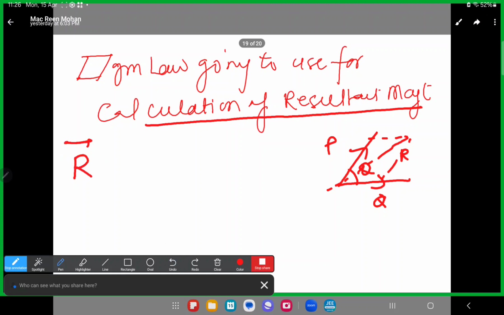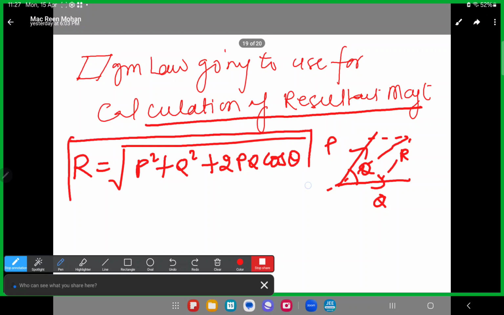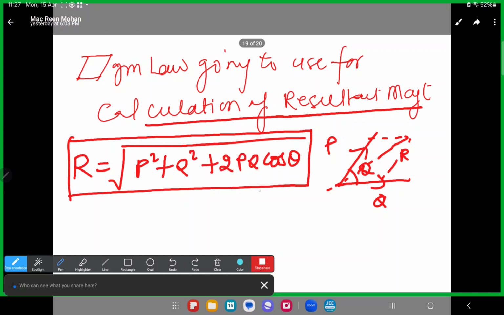Arrowhead means vector; once I remove the arrowhead, you can say magnitude. It will be the square root of P square plus Q square plus 2PQ cos theta. This is the value of the resultant.